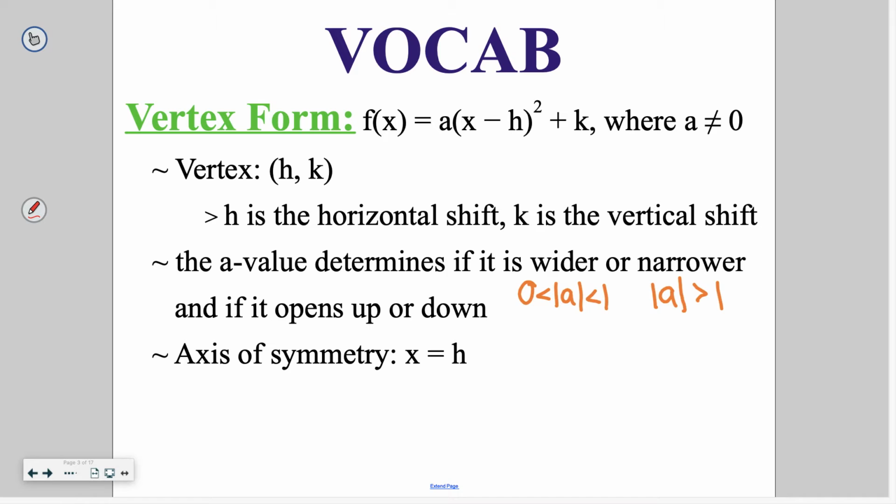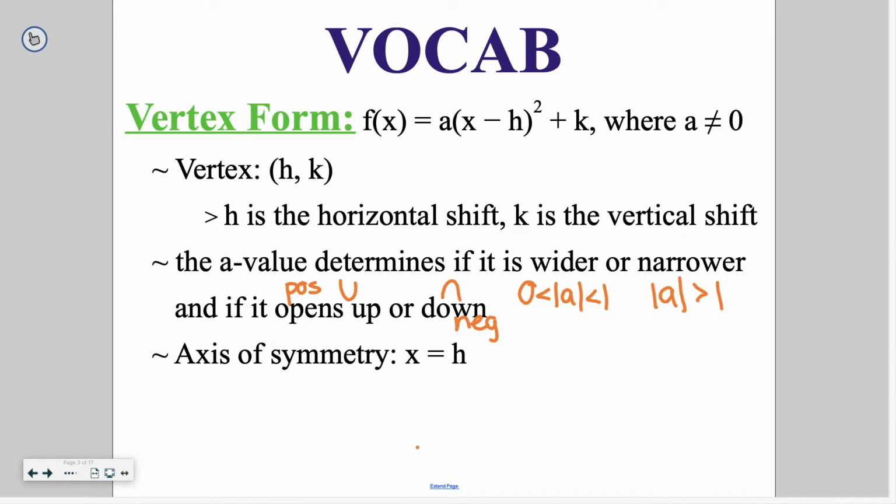It also is responsible for telling us whether the graph opens up or opens down, and that happens depending on if our a is positive or if our a is negative. So that's where that negative portion comes in with the a value. The last thing is that axis of symmetry, the middle line of that parabola, is going to occur at x is equal to h. So that's going to be that vertical line at whatever the x coordinate is.